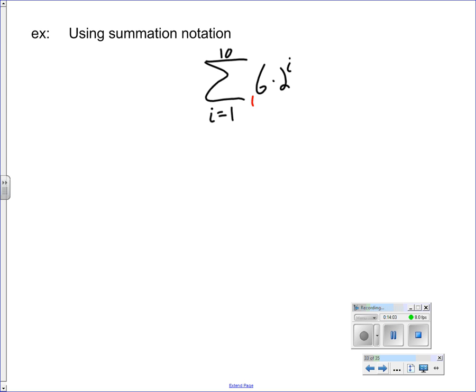So you recognize here that this is in the form of a times r to the n. So it's in the form of a geometric sequence.